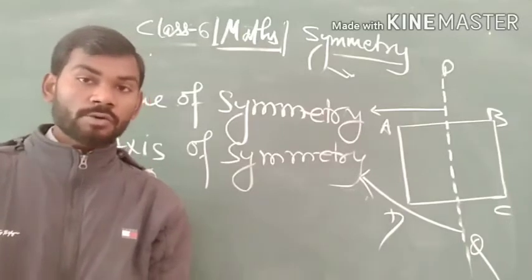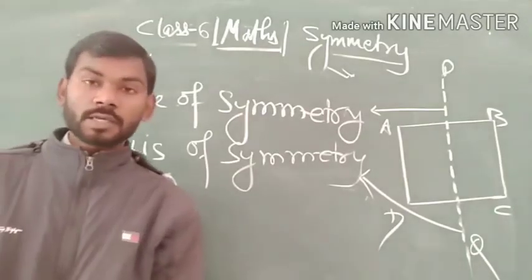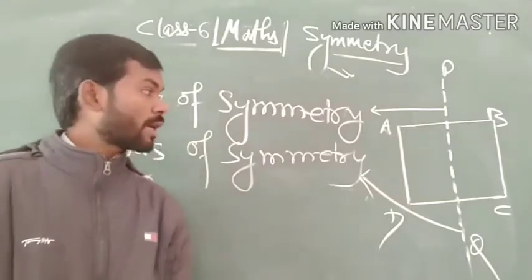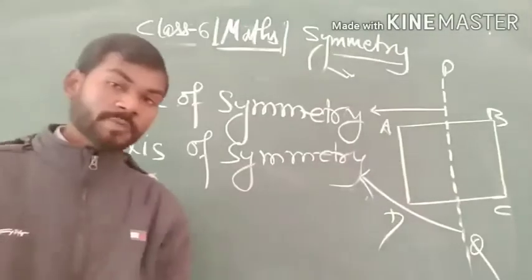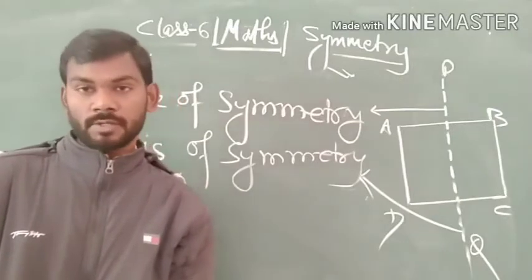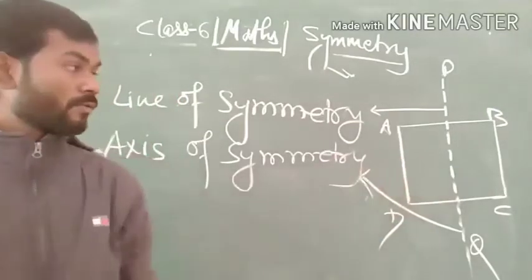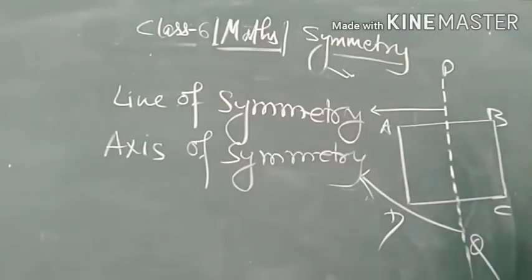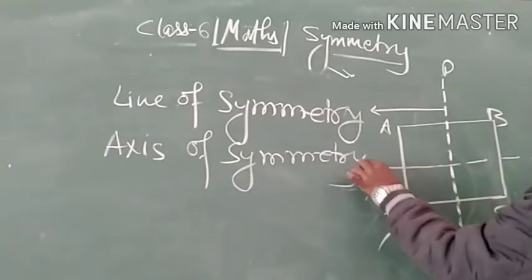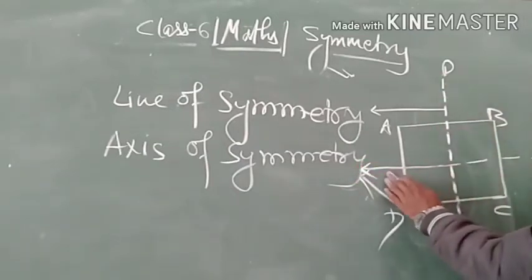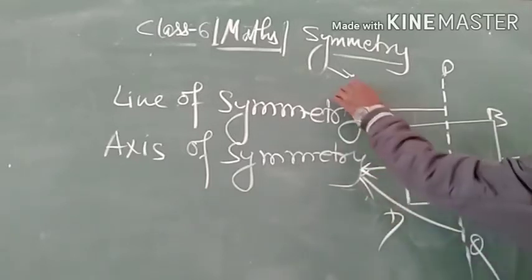Okay students, so I hope that the line of symmetry is clear to everyone. It is also seen that various types of figures have various numbers of lines of symmetry. In this figure, we can see that this square can be divided in the following ways. This is the first, this is the second way to divide this square.